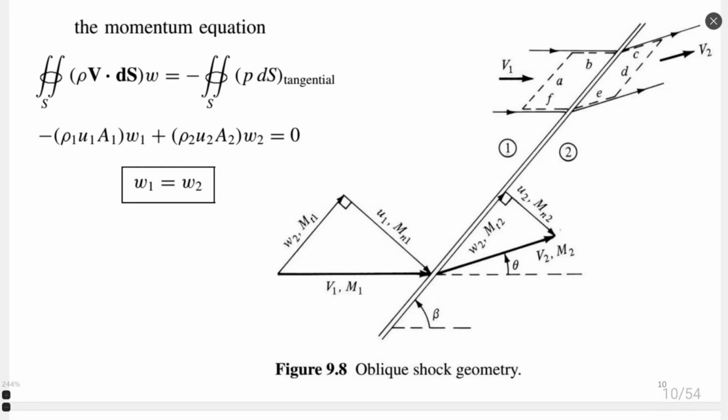As we might see, since we have two components of the velocity, u and w, we have to deal with two momentum equations. In the case of the u component of the velocity, this is the equation here, integral open. And the w component is the second equation here, which is extremely simplified.